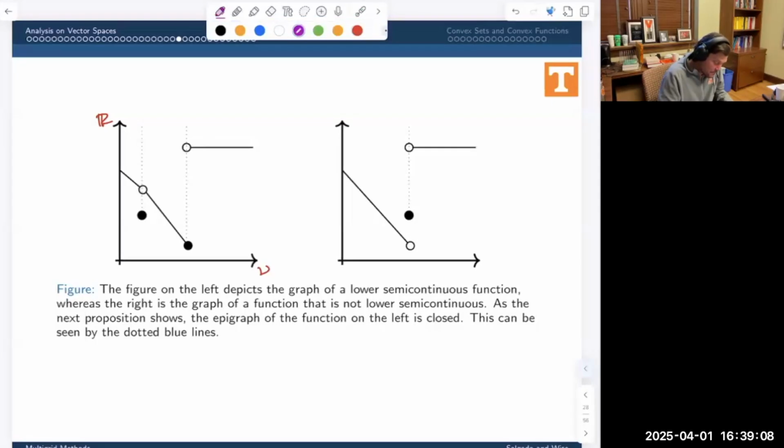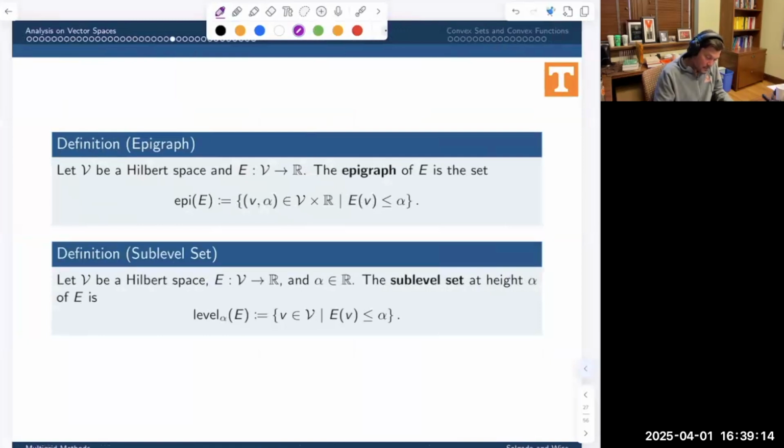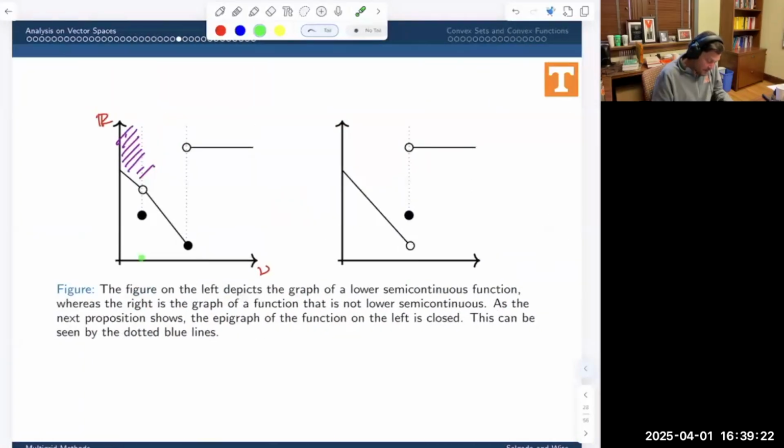It's the points (V, alpha) such that alpha is greater than or equal to E of V. Let's look at this point right here. There's my V. What points are greater than or equal to that?